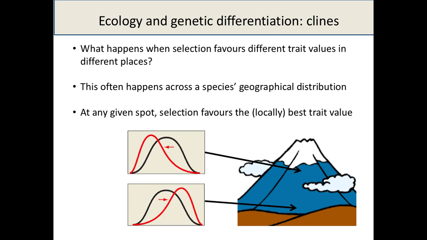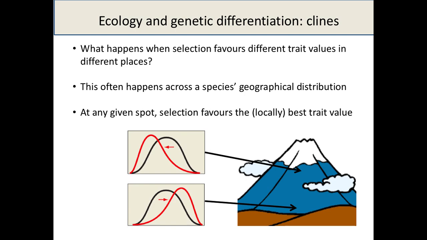This represents a cline. It represents a gradient in temperature, in water availability, probably in soil depth, from the foot of the mountain, which is maybe drier, certainly warmer, with deeper soil, to higher up the mountain, with cooler air and rockier soil.